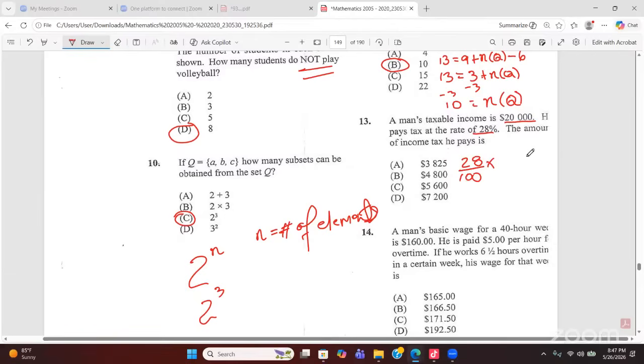This is not a big deal. 20 cancels 20, so basically you're multiplying 28 times 200. I put the 2 here and the 0s over there. 2 8s are 16, carry the 1. 2 2s are 4 and 1 is 5. 5,600. Let me see if everybody got that.